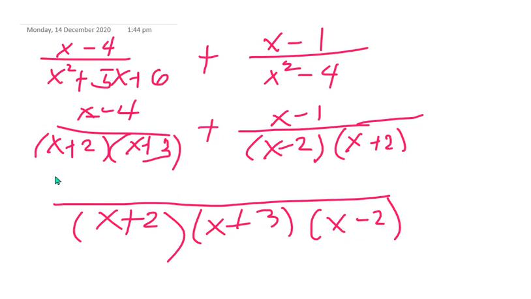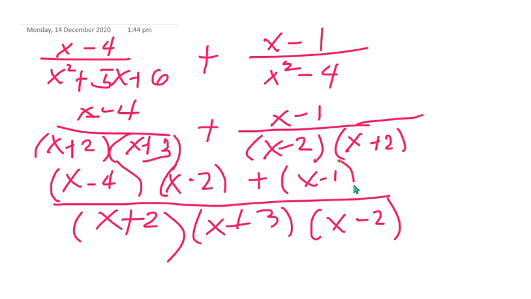So copy the numerator x minus 4 times x minus 2 plus, okay, this LCD divided by the denominator here, x minus 2, x plus 2. So what remains now is x plus 3. Okay, so we copy x minus 1, then x plus 3.